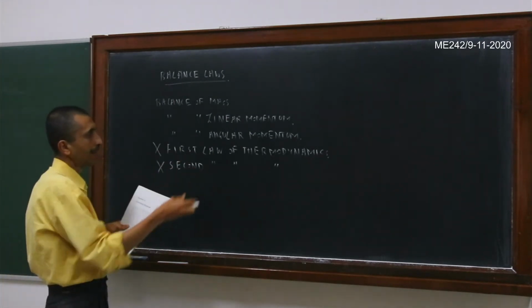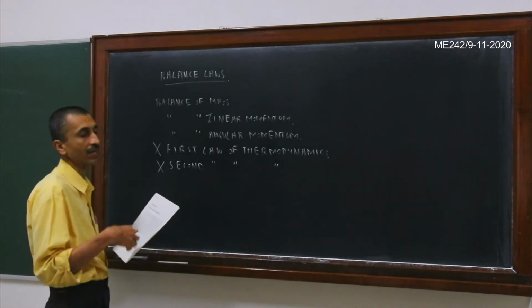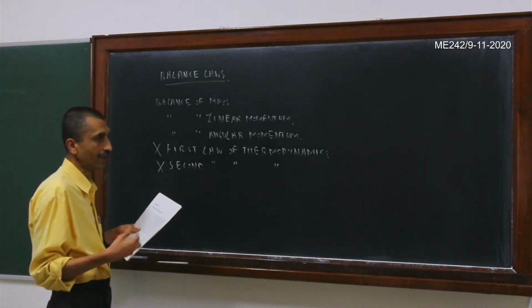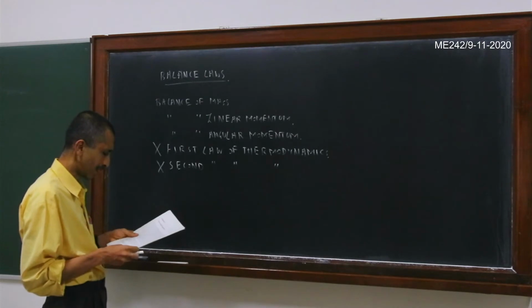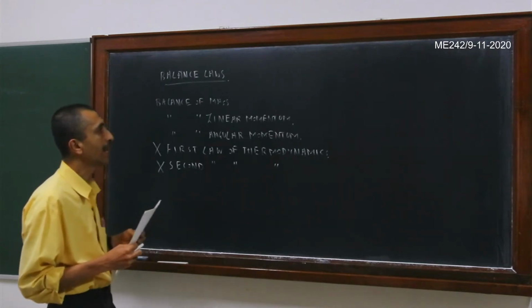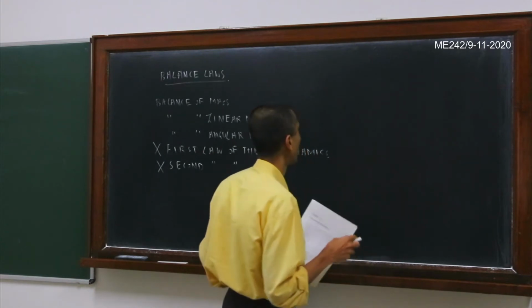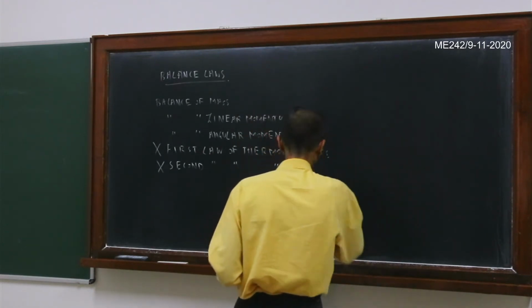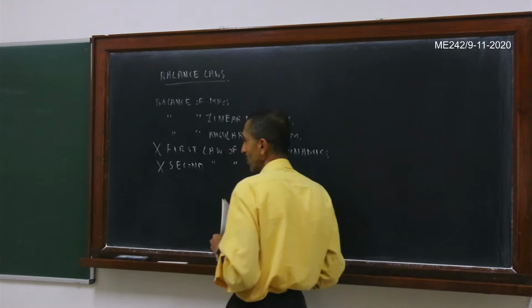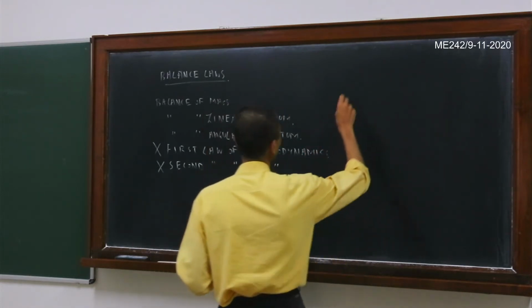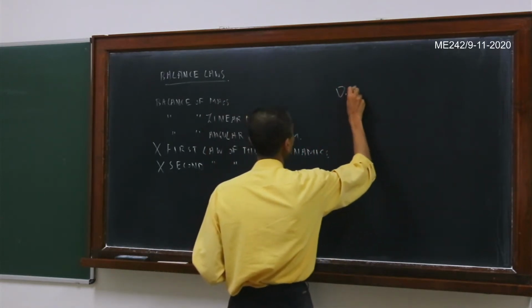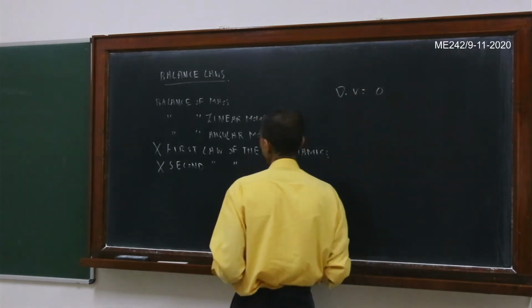And as I said, that we will also define the stress tensor and derive the governing differential equations for the stress tensor and so on and so forth. So our idea here is that we will derive all the equations in tensorial form. So for example, we will look at what is known as the incompressibility condition. So for example, the incompressibility condition we will write as del dot V equal to 0.